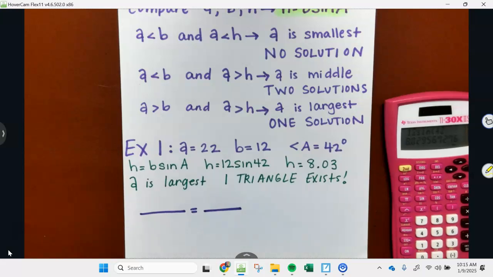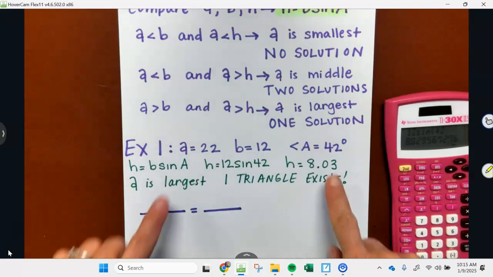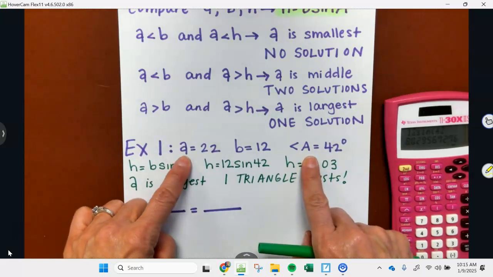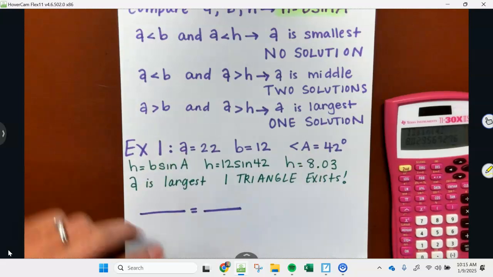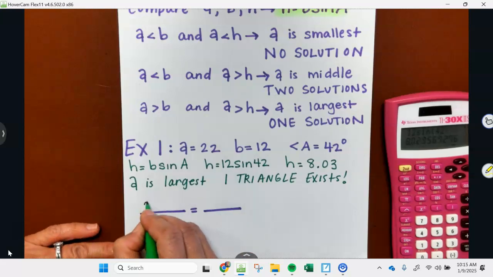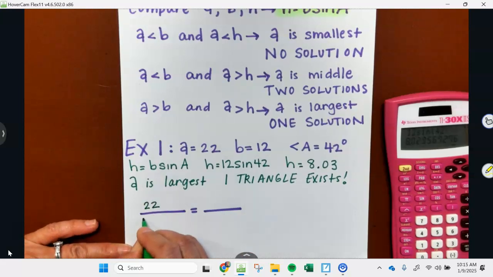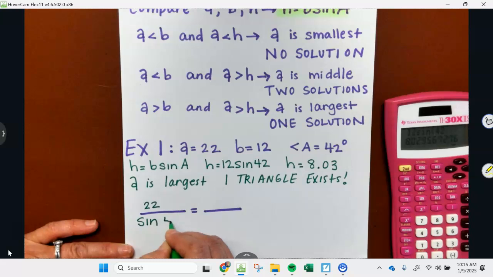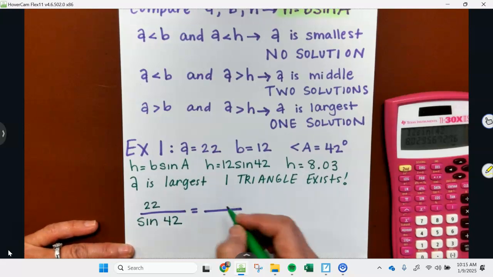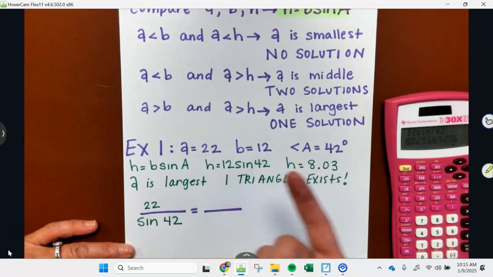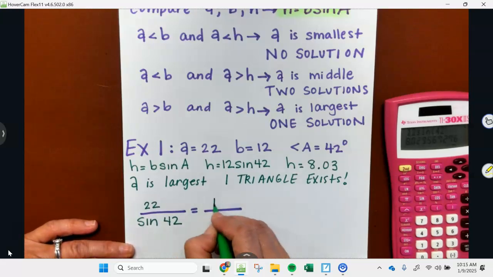It's going to be law of sines. If you guys notice, you have a complete set for leg A and sine A. So these values are going to go over here. So this is going to be 22 over the sine value of 42. And then the only other information you have is leg B. That's why you have to find angle B first.